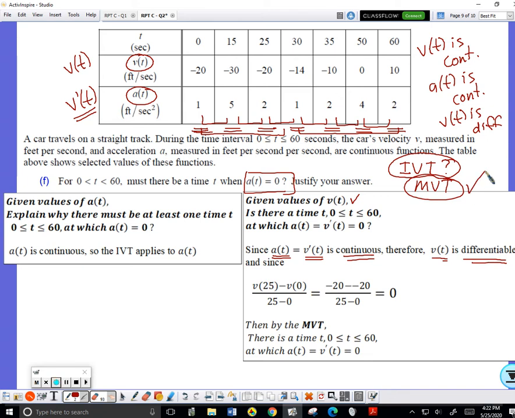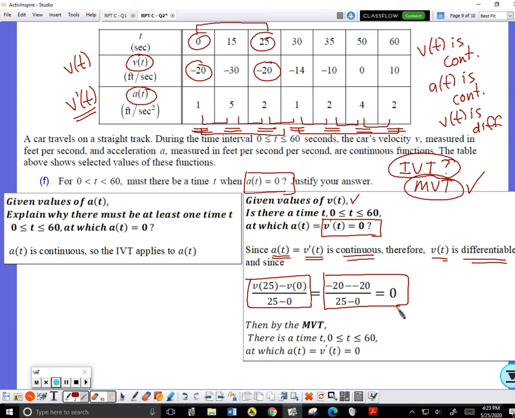So mean value theorem means go find a secant slope of 0. I'm trying to prove that there's a tangent slope that is 0. I find it right here between time equals 0 and time equals 25. So I use those values in that box with the mean value theorem right here. This one box right here is going to get you 1 point.